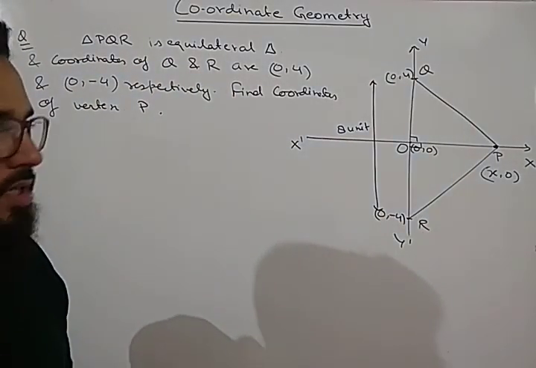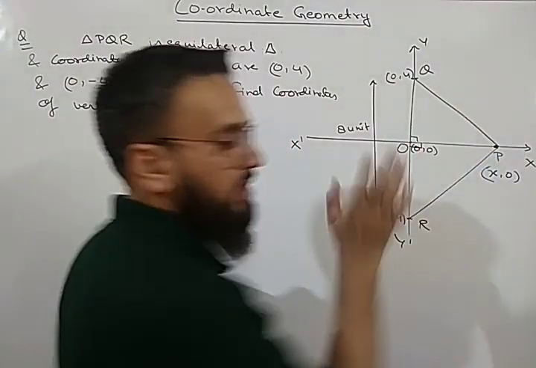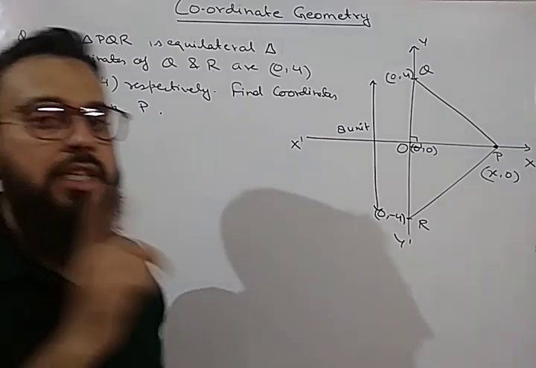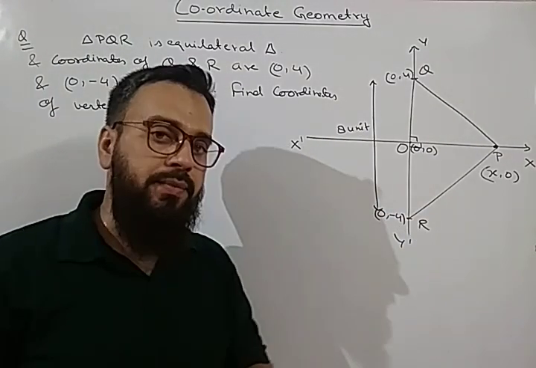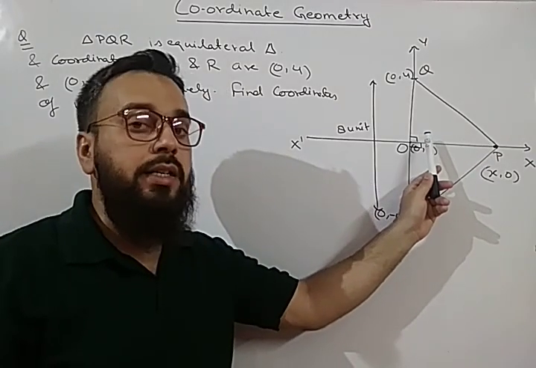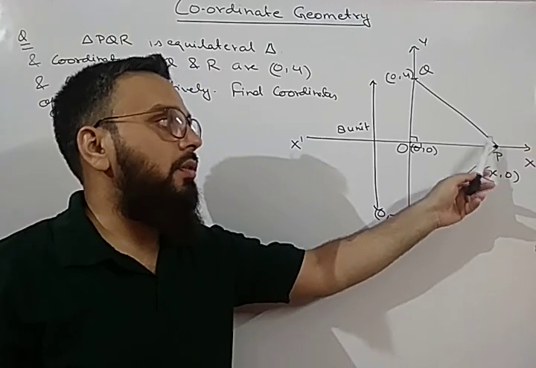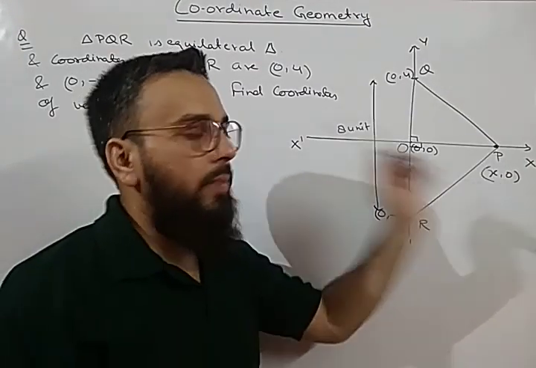Clear? So first thing, we have to take the point P. We have taken point P on the x-axis. Why have we taken it on the x-axis? Because we know that the median and altitude of equilateral triangles are the same. So only this line can be the altitude, because this is 90 degrees. That's why we have taken P on this x-axis. Now this coordinate is x comma 0.